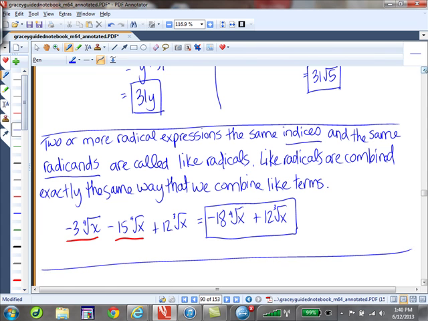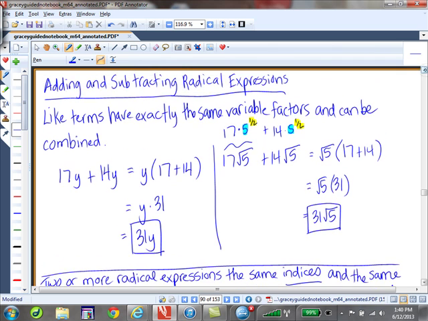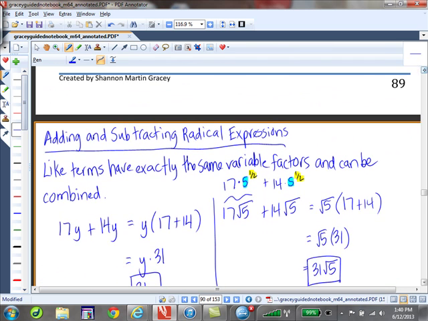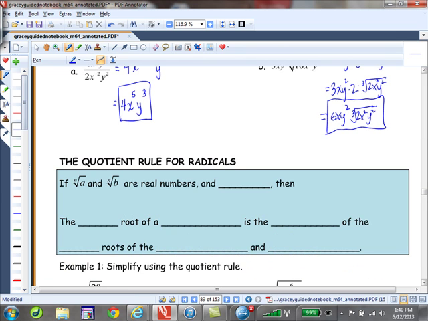So now what we can do is go back up here to the quotient rule for radicals. If the nth root of a and the nth root of b are real numbers and b is not equal to 0, then it turns out the nth root of the quotient a over b can be split into the quotient of these two nth roots.